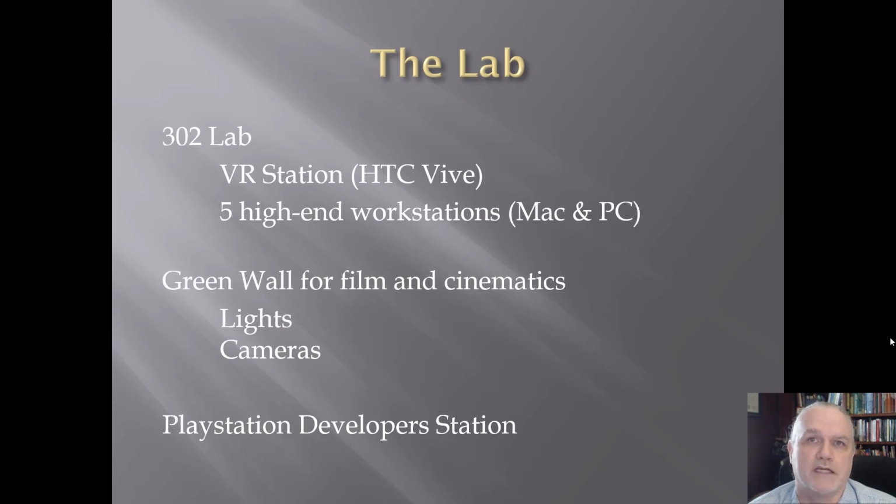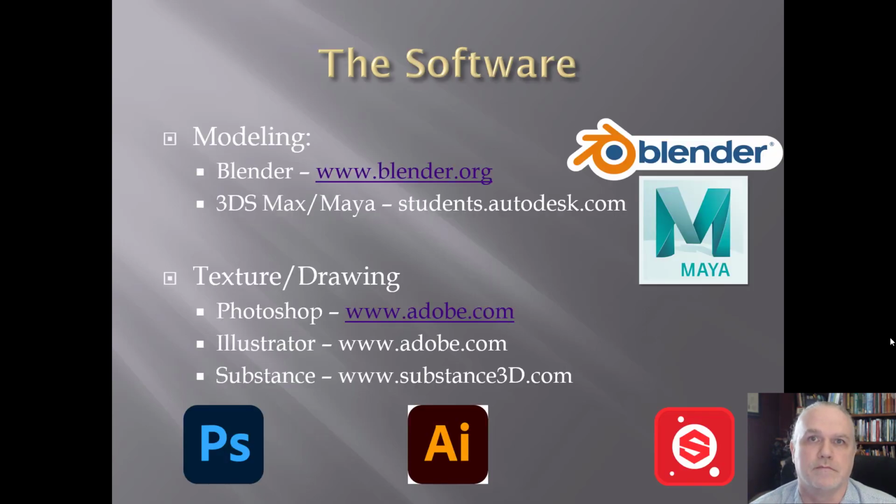We also have lights and cameras available for you to be able to set the proper lighting and effects and be able to record that, though using your smartphone will probably be fine and more than adequate for what we're doing in this class. And finally, we do have a PlayStation developer station in the 302 lab as well, so that you can develop and tinker with your own console-based game system.